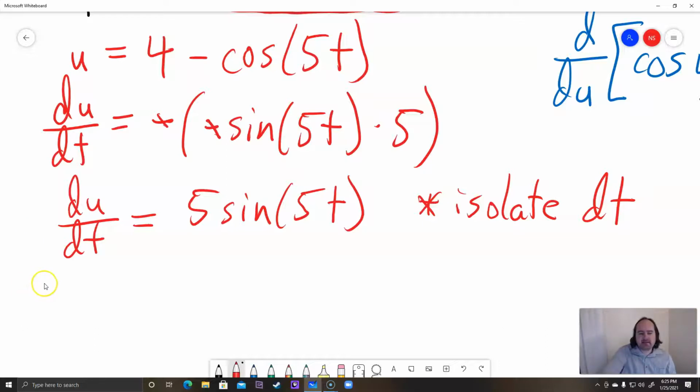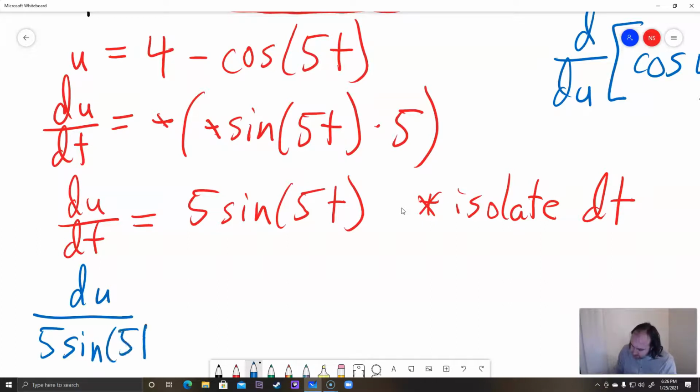So to isolate dt here, we're going to multiply both sides by dt and divide both sides by 5 sine of 5t. Okay, so we're going to get du over 5 sine of 5t is equal to dt.